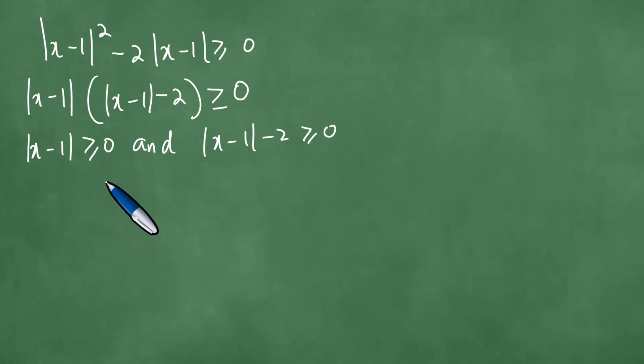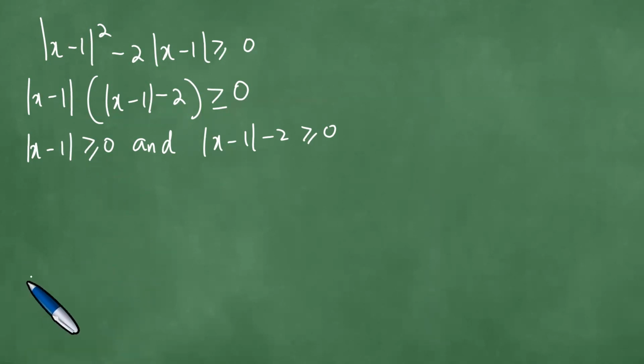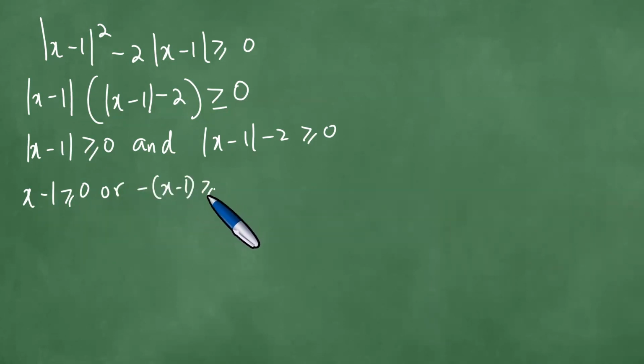So what next do we achieve? Right, what we achieve is the following. From this, it means that x minus 1 is greater or equal to 0, or minus (x minus 1) is greater or equal to 0.